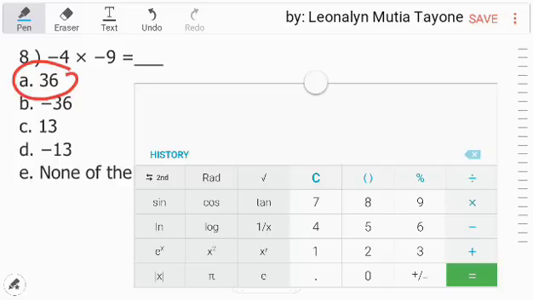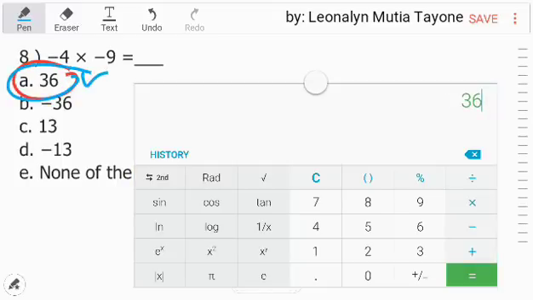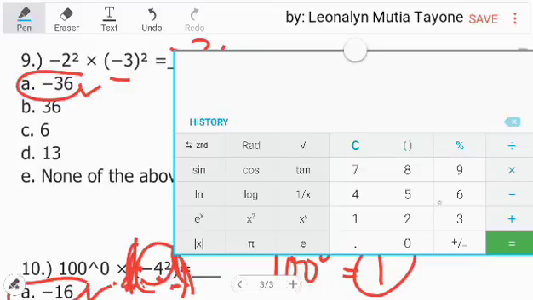Number 8. Negative 4 times negative 9. Let us delete the unnecessary automatic parentheses here. So, the answer here is positive 36. Letter A. Now, let's do number 9.